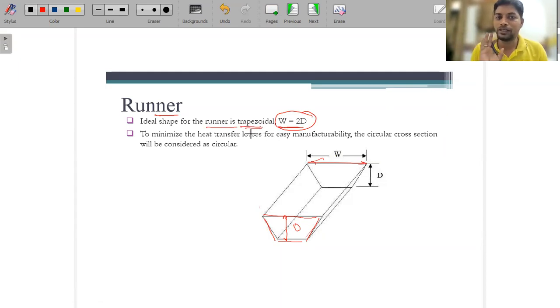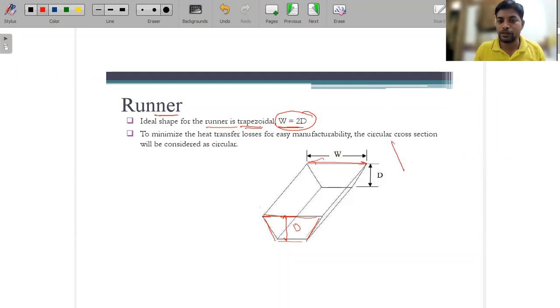Why are we considering this trapezoidal in nature? Because from the heat transfer point of view, in the trapezoidal section the heat transfer losses are optimal.